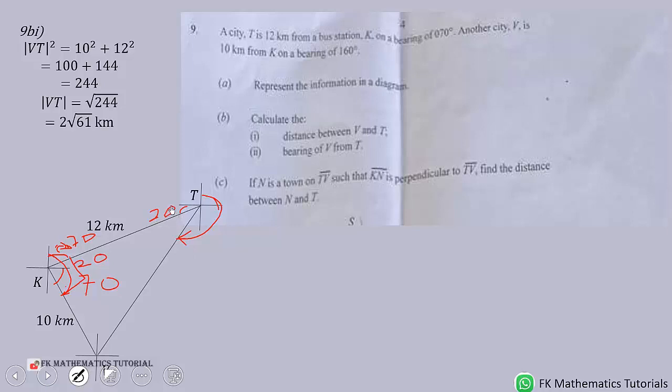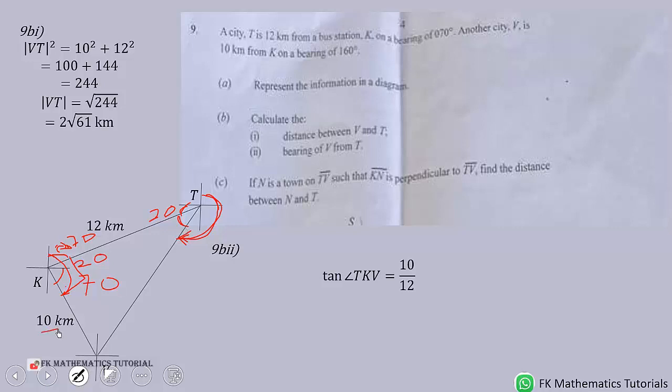So we can subtract 20 plus this angle from 270 to get a bearing from T up to this point to V. So we need to calculate this angle here, angle VKT or TKV. Tan of that angle will be equal to opposite over adjacent.